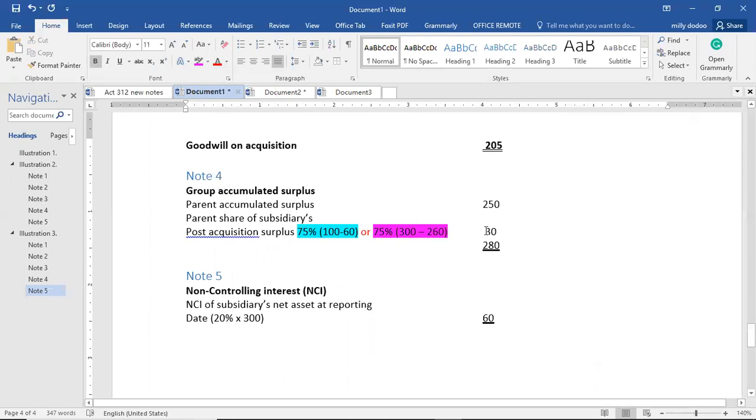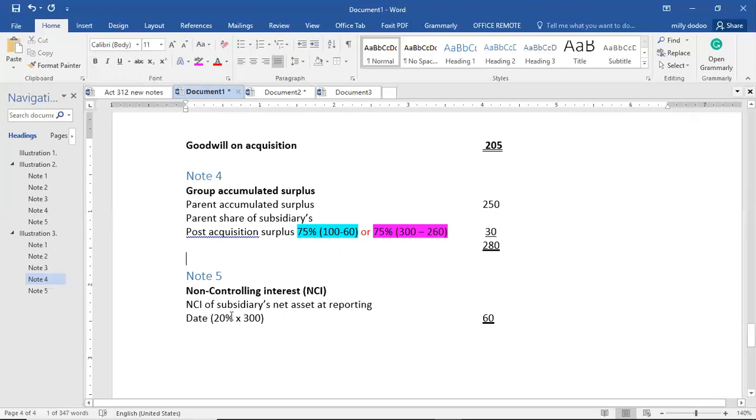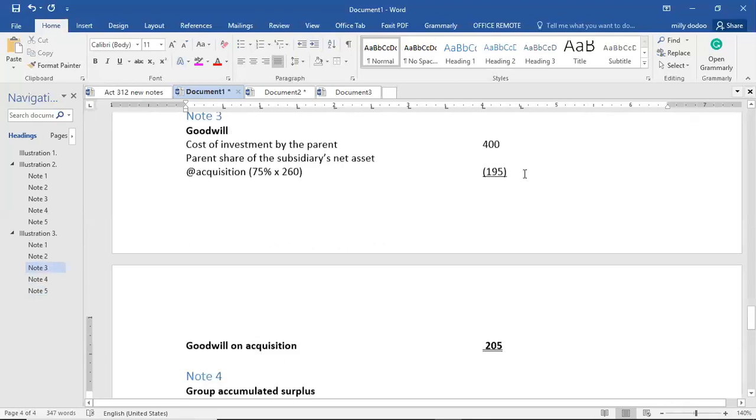Then when you go to note 5, where we look out for the non-controlling interest, the NCI now is 25% here. And the NCI determination here is on the reporting date net asset. The reporting date net asset here is 300.